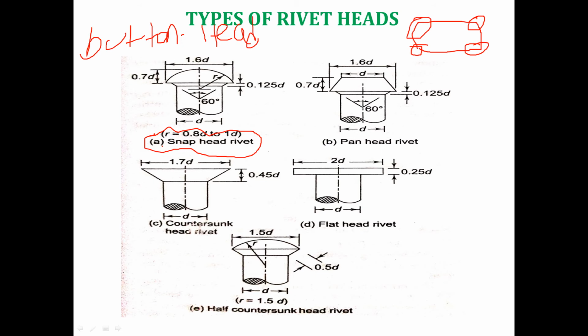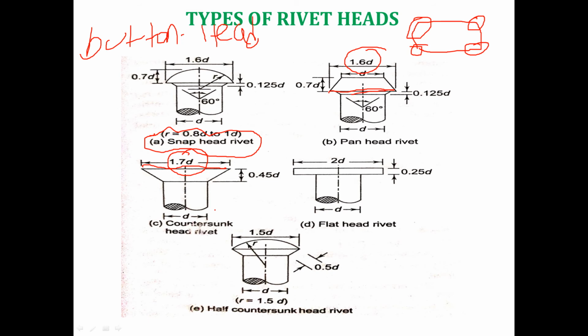Similarly, in the countersunk head rivet, again the shape is trapezium, but there is a difference in the length. The length of the pan head rivet is 1.6 times the shank diameter. This length of the countersunk head rivet is 1.7 times the shank diameter of the rivet.